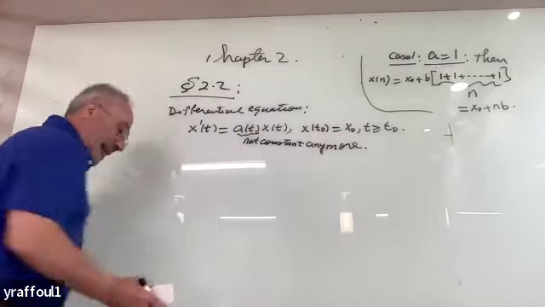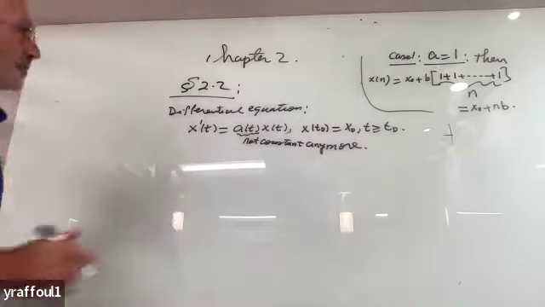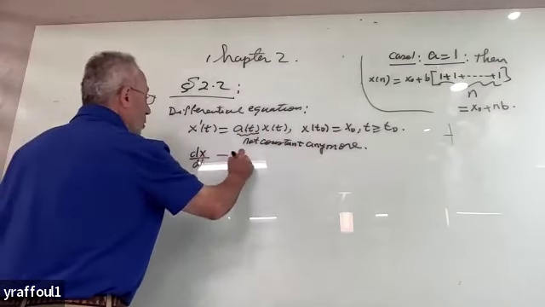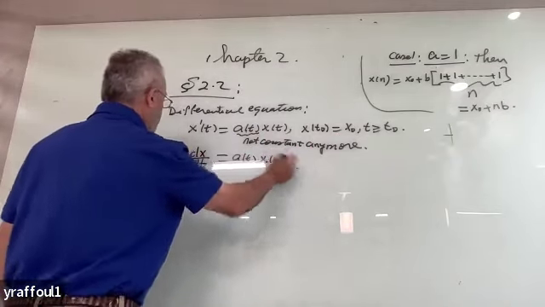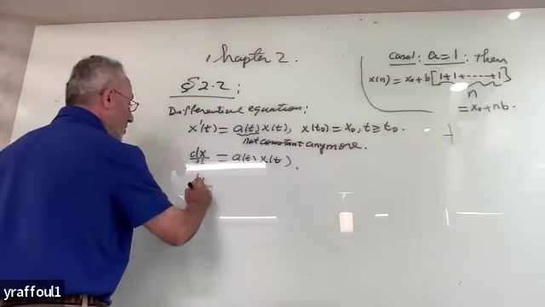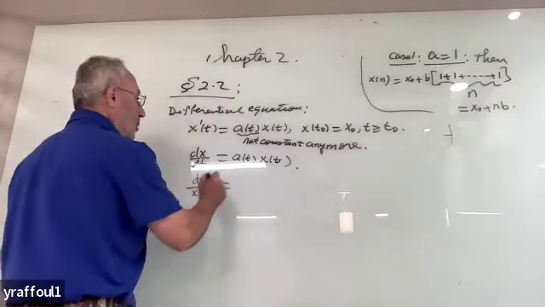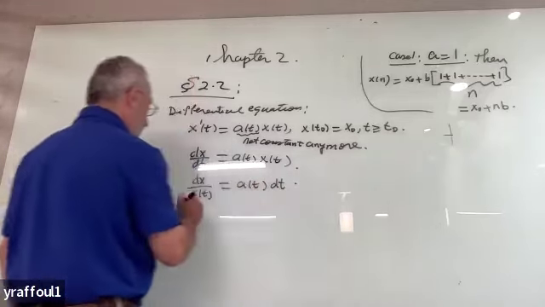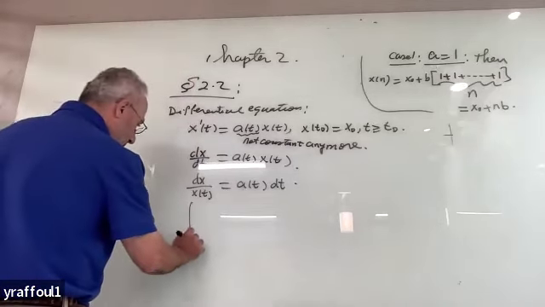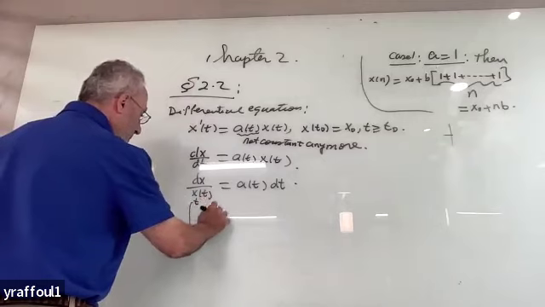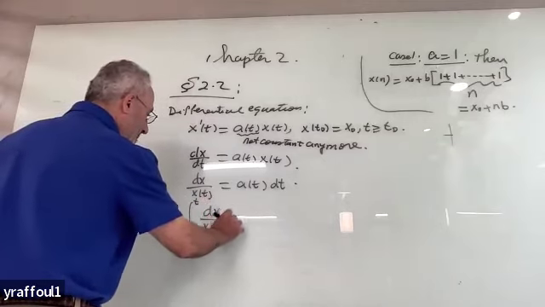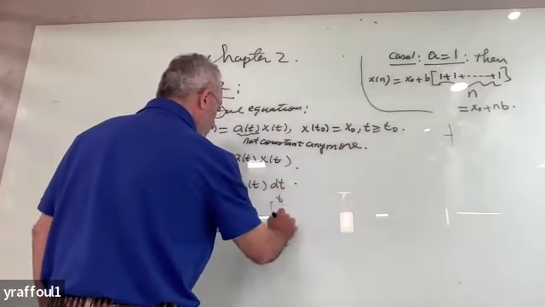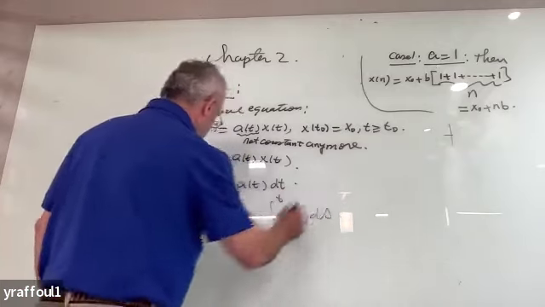All right. Again, let me refresh you on differential equations. This is dx over dt equal a(t) x of t. So this is dx over x of t equal to a(t) dt. Integrate. If you integrate from t0 to t, dx over x(s) ds equals the integral from t0 to t of a(s) ds.